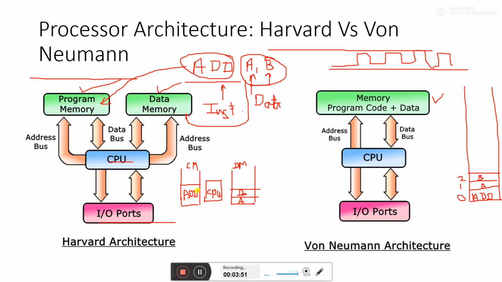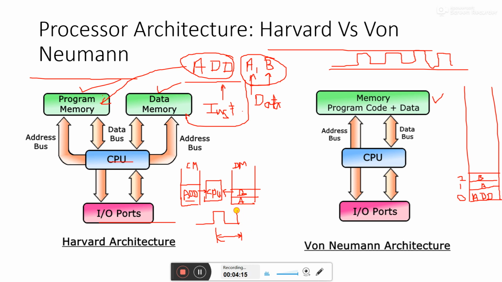So basically it fetches both things in a single cycle. In that cycle it will be able to fetch both the data as well as the instruction, right?